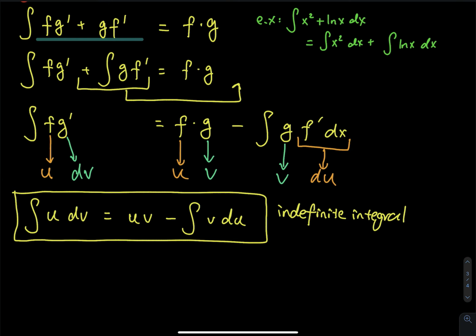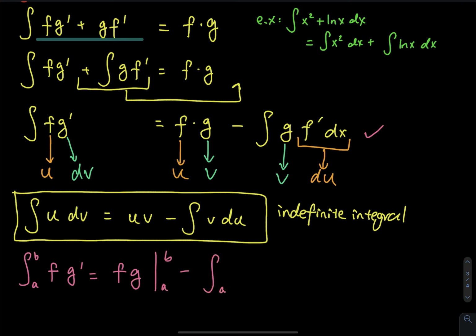What if I give you a definite integral? So if I give you a definite integral, that will be the integral from a to b of f times g prime. That is equal to f times g, taking this line right here, such that x goes from a to b, and then minus the integral from a to b of g times f prime, with a dx, assuming x is the independent variable.